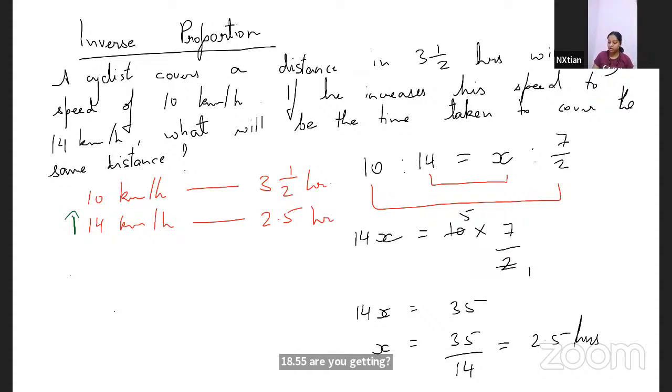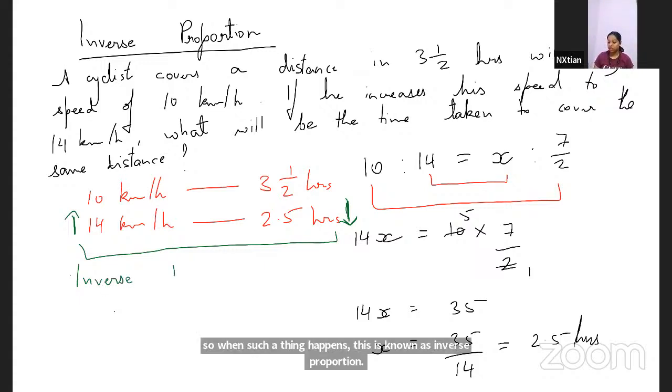So when he increased the speed, the time it was taking him decreased. Okay, so one quantity is increasing, one quantity is decreasing. When such a thing happens, this is known as inverse proportion. Inverse proportion.